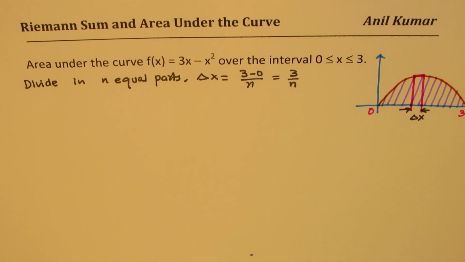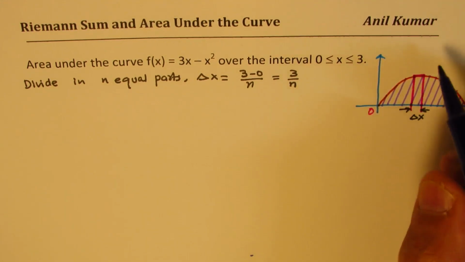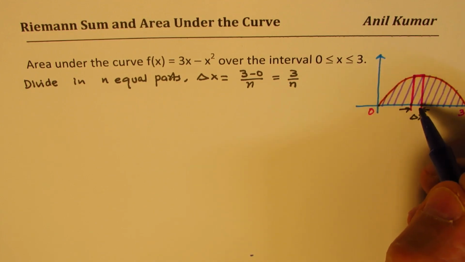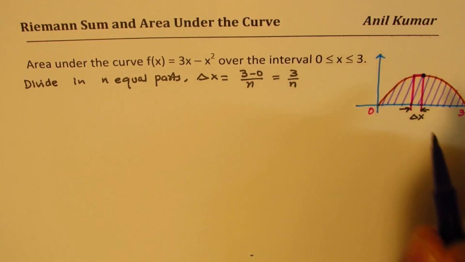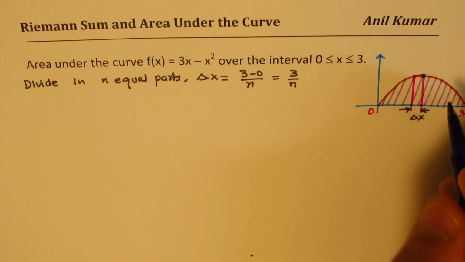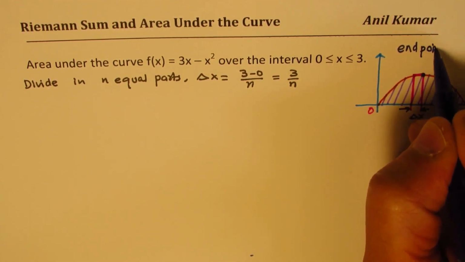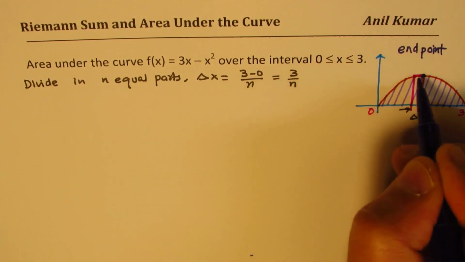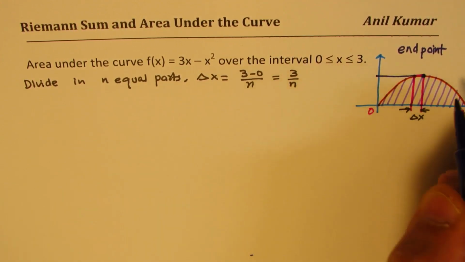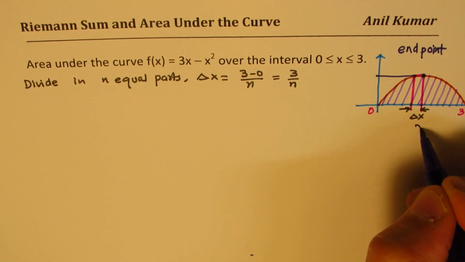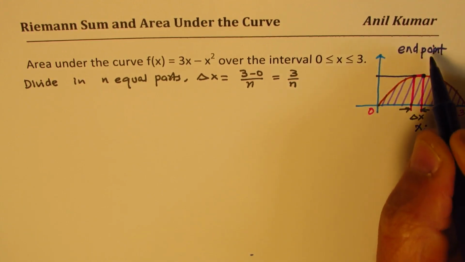Now, we could take any point on this rectangle to find the height of the rectangle. What we are doing now is taking the end point. So let's call this i, right? In general, we are calling this xi, which is the end point.